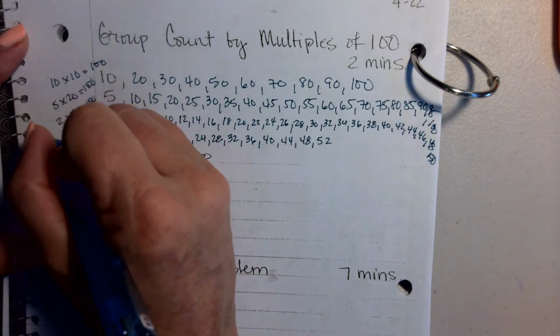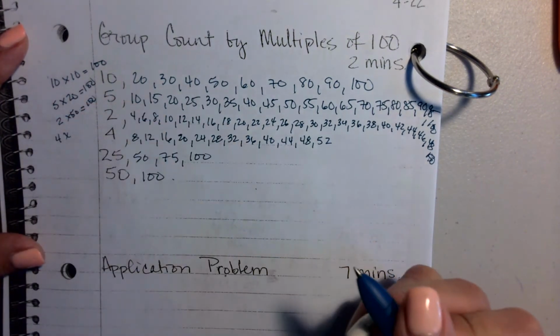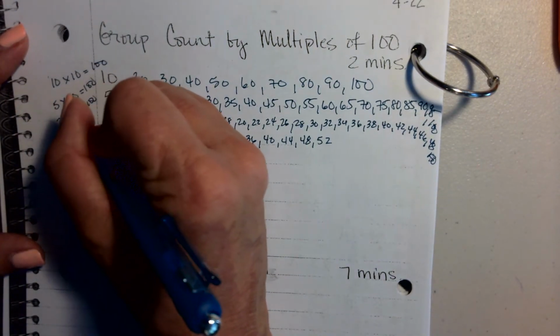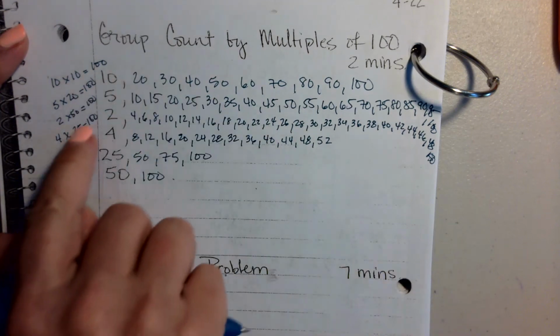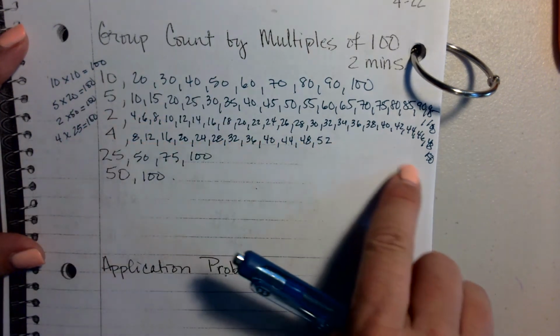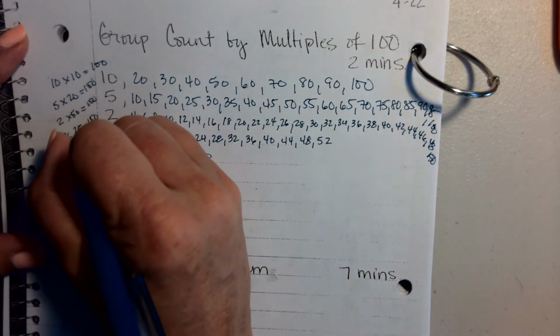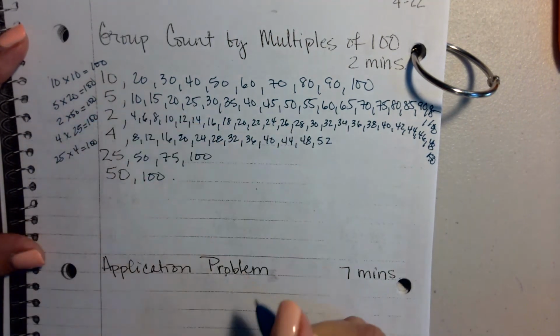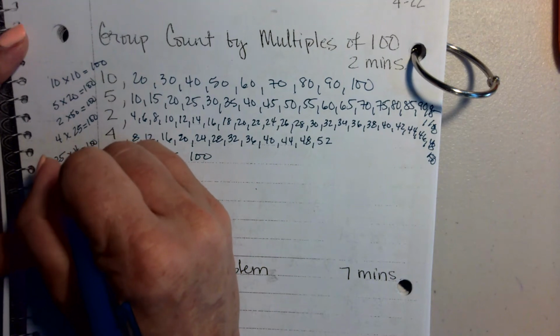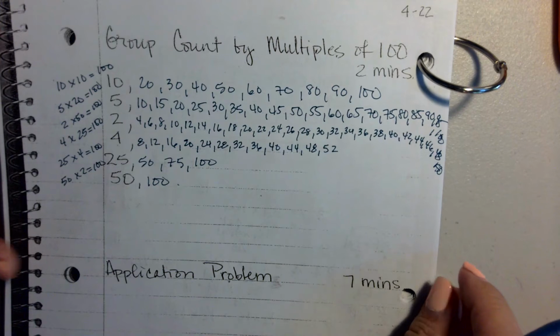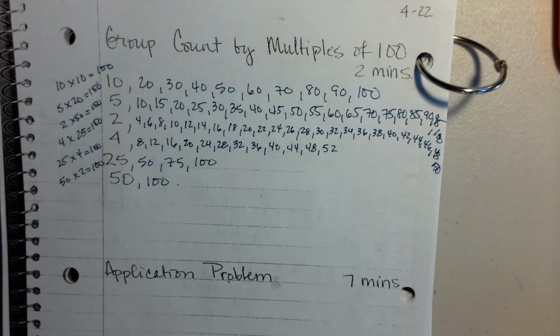And then what do you have to multiply 4 by to get to 100? Well, 25, right? So you're going to have 25 numbers. And then what do you multiply 25 by to get to 100? 4, right? And what do you multiply 50 by to get to 100? All right. That's just prepping you for the ideas that we're going to take on in lesson 22.